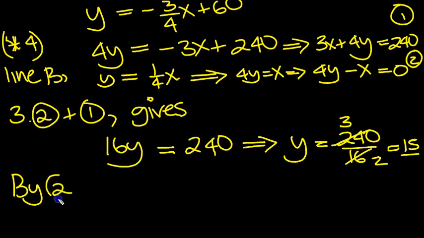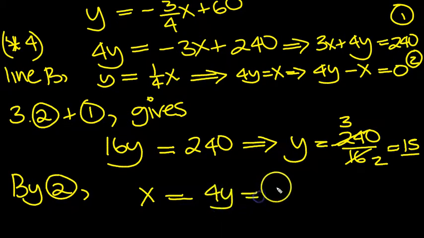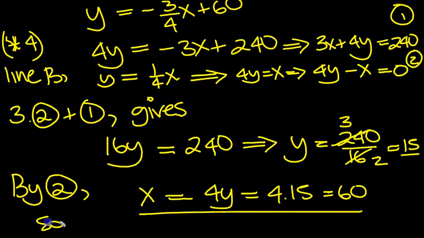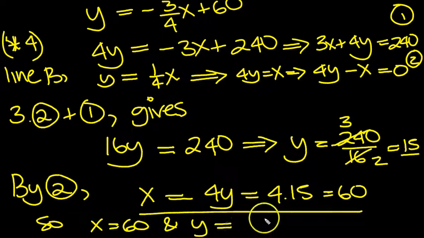We'll just write it down, x equals, move the x over to the other side with a 0, and that will equal the 4y on the other side. And that's 4 times 15, which equals 60. So x equals 60, and y equals 15.